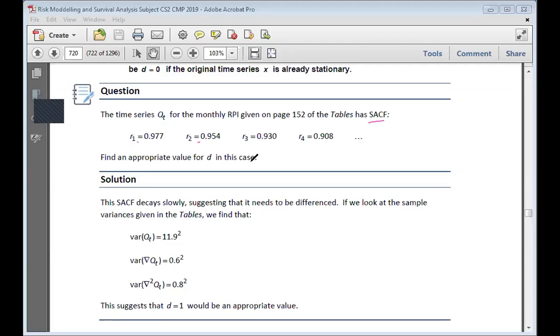So what we are trying to do is, we have summary statistics given on the page number 152 of our table booklet, and they have given us the values of R, which are what? The ACFs, right? These are the sample ACFs that we have, and we have to figure out the appropriate value of D. And we know how do we do that? We see what's the minimum value of sigma square D that these can take.